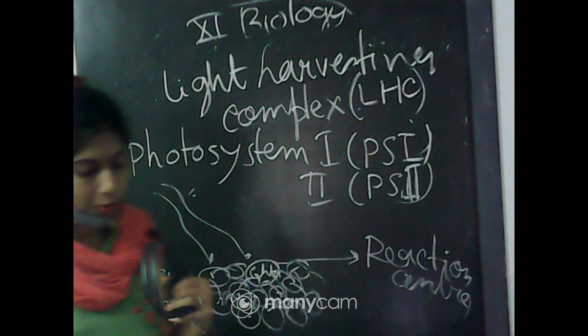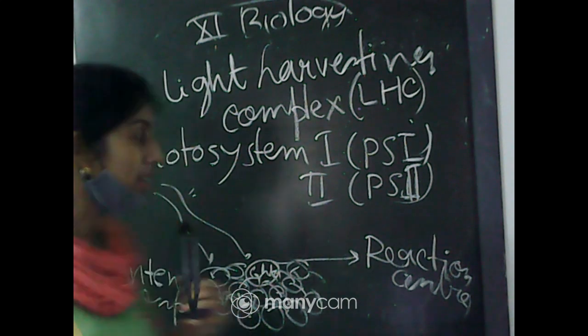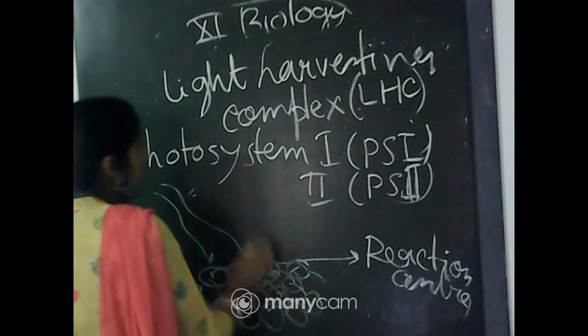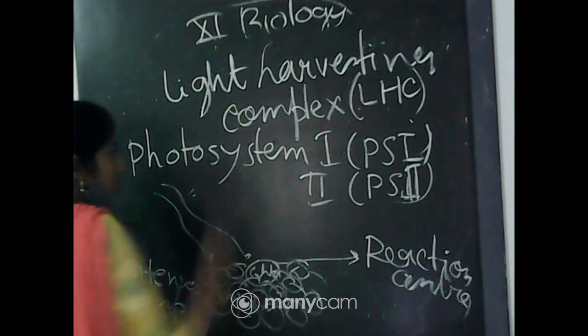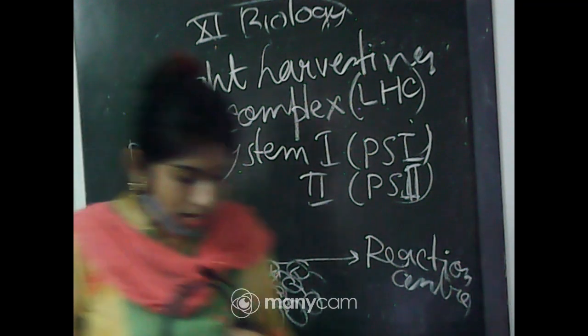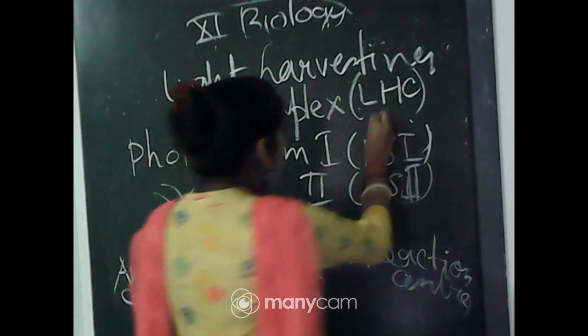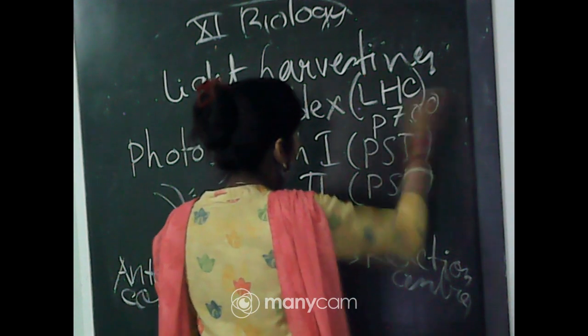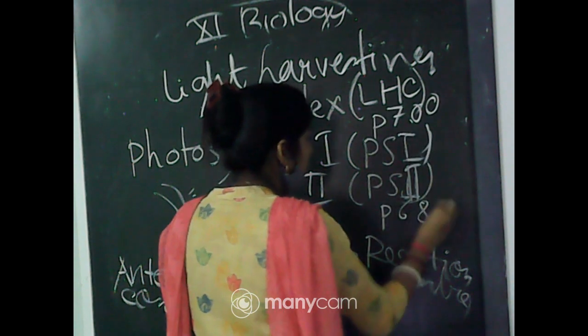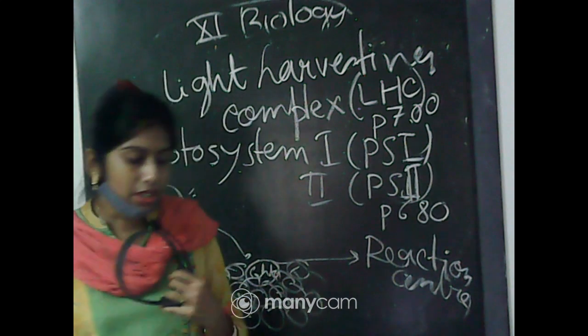Now the reaction center is different in both photosystems. For PS1 it is P700 and for PS2 it is P680. What is the meaning of that?